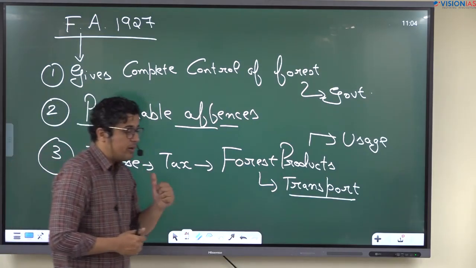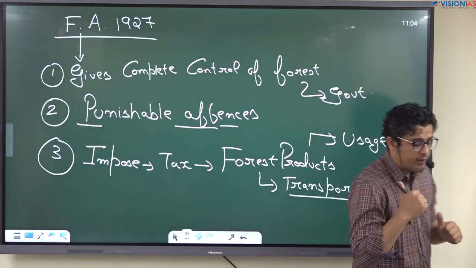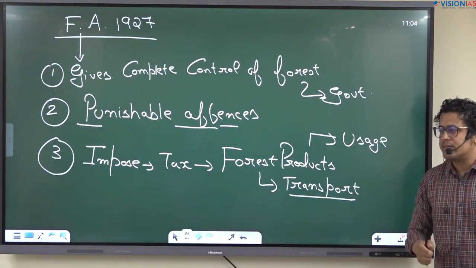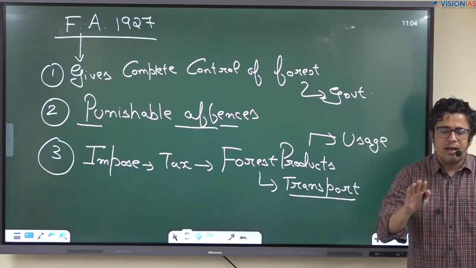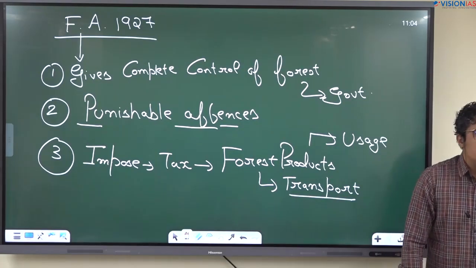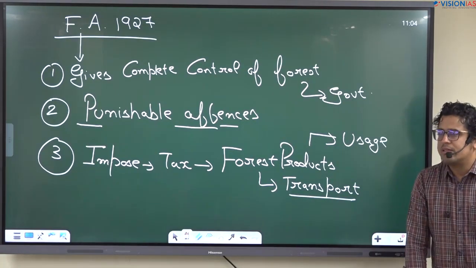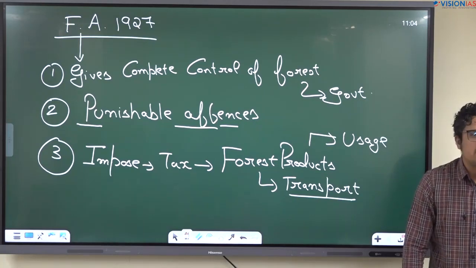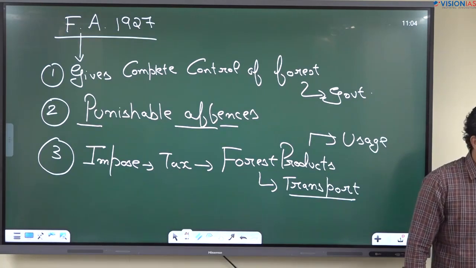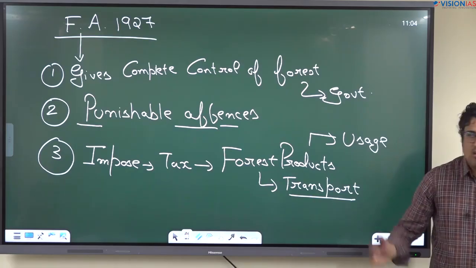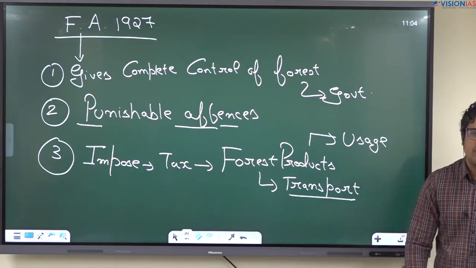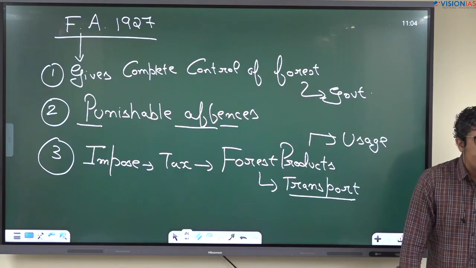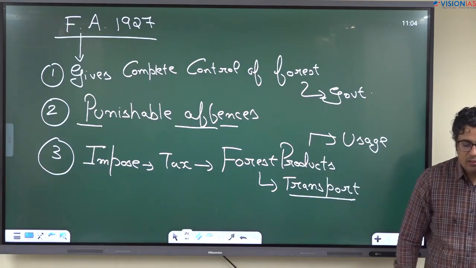So if you understand why Britishers made this act, these three reasons are still applicable. So that is why we still follow this act. Nothing has changed. Even after independence, we are following this act because these provisions are still applicable. Clear on this? Now complete the reading of this Forest Act.